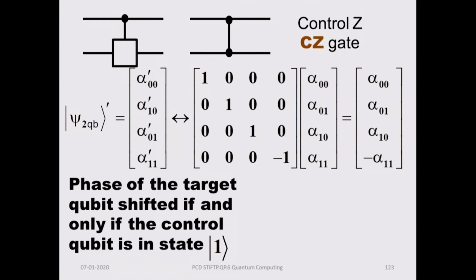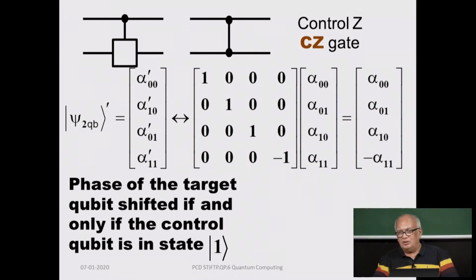So, the phase of the target qubit is shifted if and only if the control qubit is in the state 1. Okay. So, the logic is somewhat similar to how it was with the control NOT, the control X. Okay.